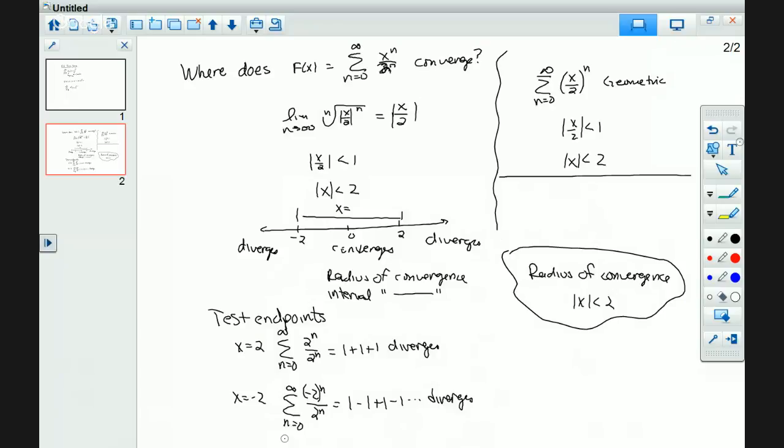All right. So power series, you got an x in there now, and as that x changes, the series can change whether it converges or diverges. Let's see. Here's another one.